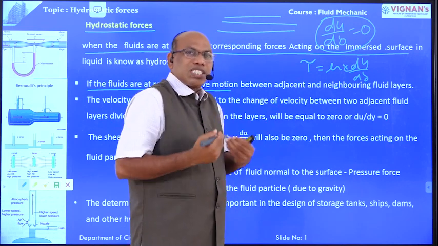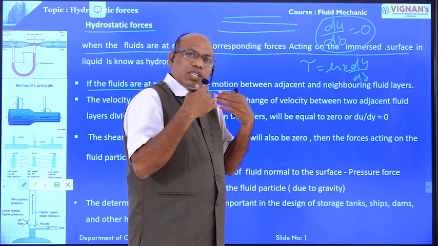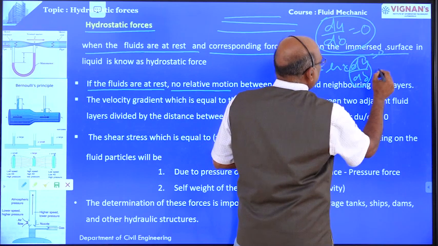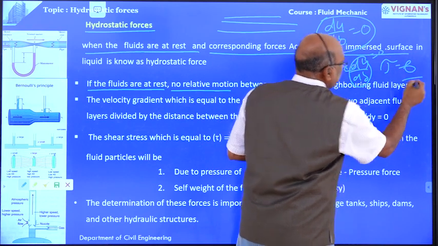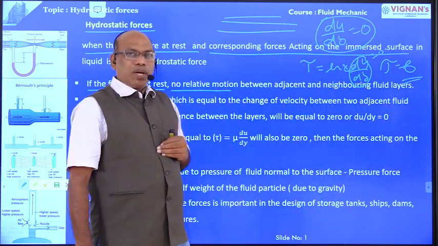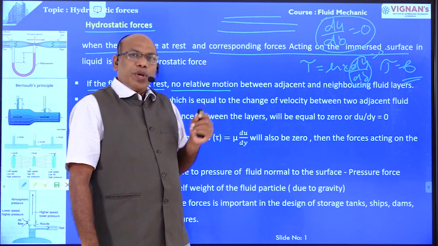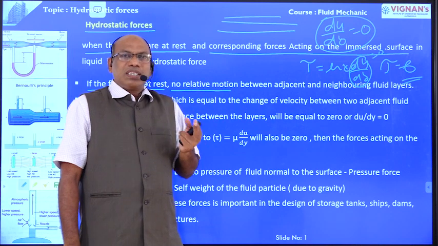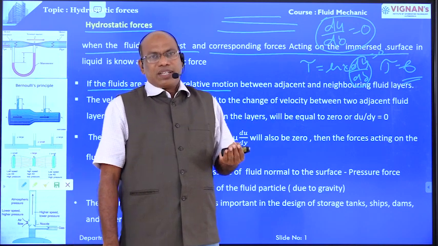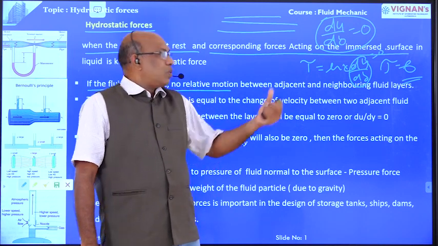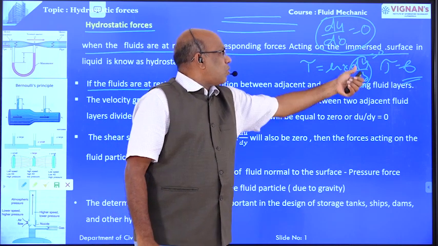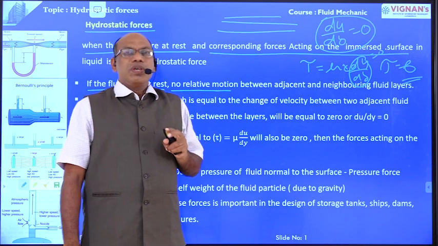The fluid is in a static condition, therefore du by dy is 0, and therefore shear stress is also 0. So if the fluids are at rest, there is no velocity gradient, and shear stress is equal to mu into du by dy, which is 0.